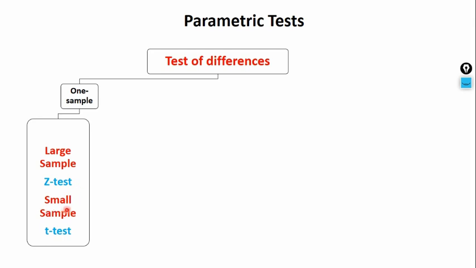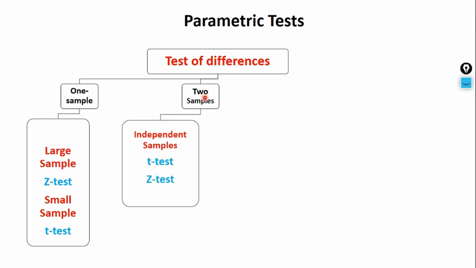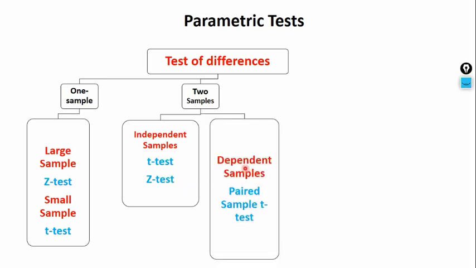If the number of units is less than 30, we apply the t-test. For two samples, we are checking the difference between two samples, and when these samples are independent, we apply the independent sample t-test. When our data is large, we apply the independent sample z-test. When our samples are dependent, then our test is the paired sample t-test.